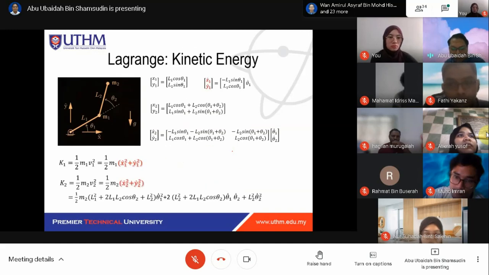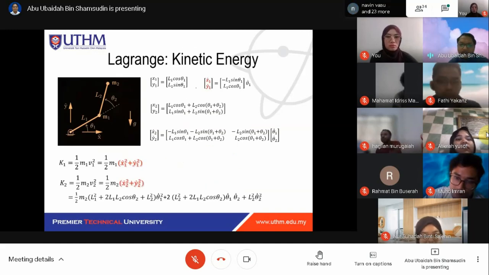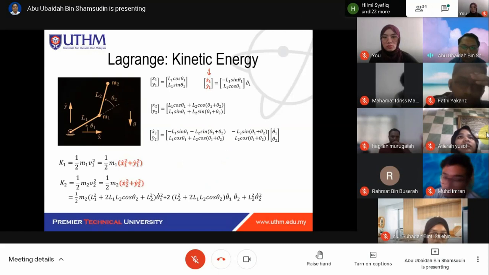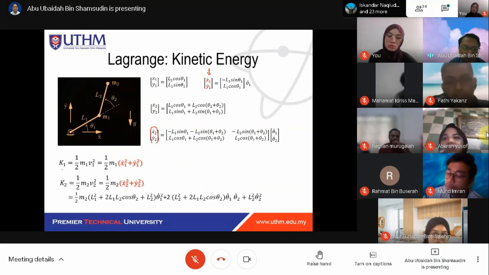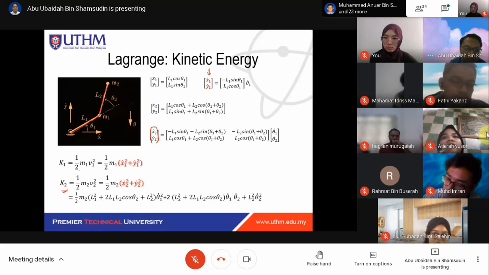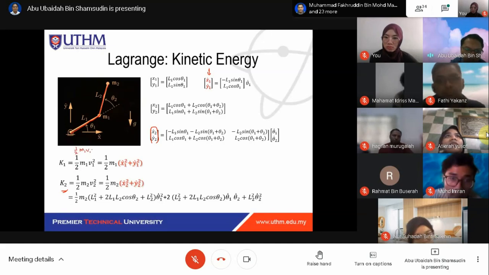Let's go to the kinetic first. This is for x1 and y1 velocity, and this is for x2 and y2. For the kinetic, the first joint is k1 and the second joint is k2. For the kinetic of the first joint, it is half m1 v1 squared.